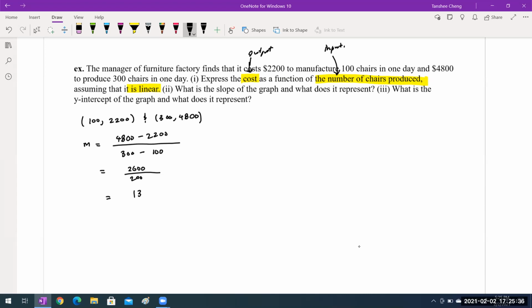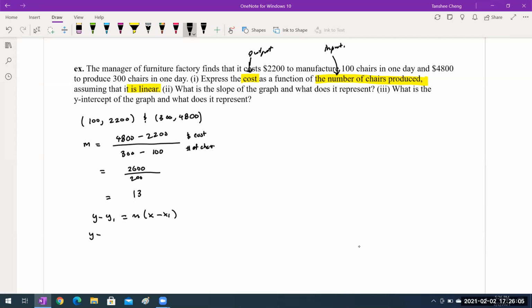And remember that this is talking about what? Dollars over the number of chairs. So that way it will help us to interpret it more easily, right? This dollar is basically the cost. So now using point-slope form and finding the linear model like before, y minus, you can use either point.